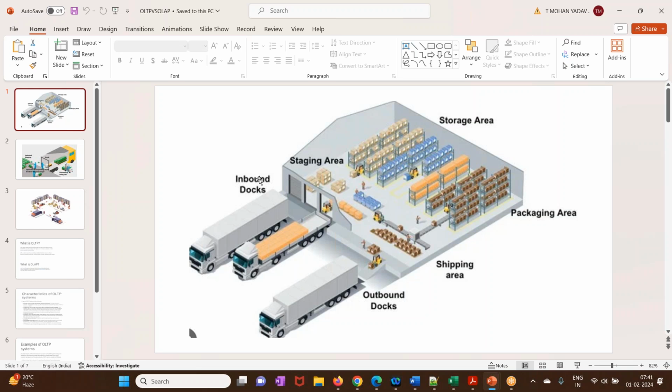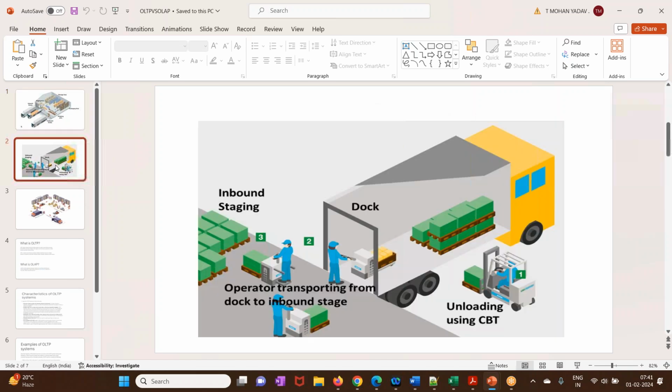I brought a similar image here. This is part of ETL, right? After performing the extraction and transformations, the objective is to move data into the destination tables. Before that, we temporarily park the data in a staging area.